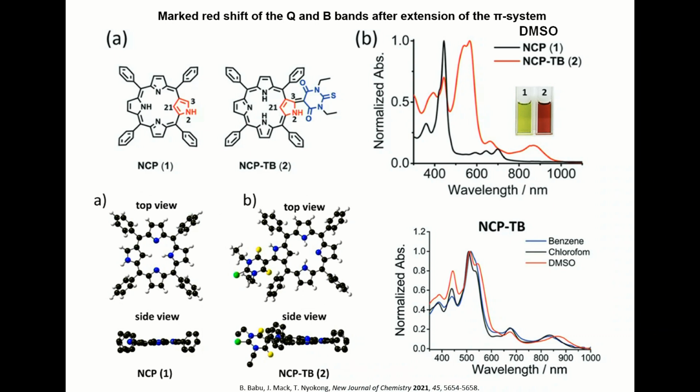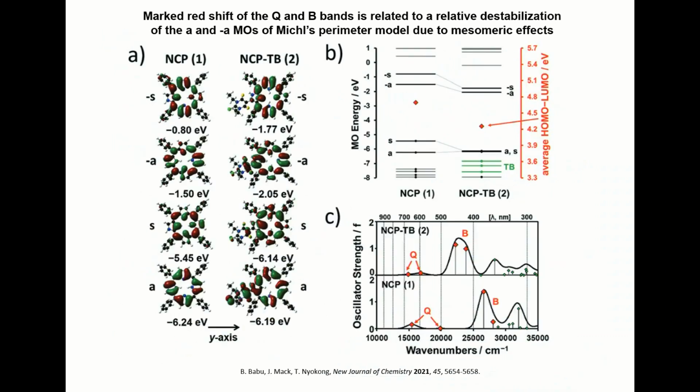So now we're very deep into the phototherapeutic window, and also we have more intensity with this band, which is good from the standpoint of the application. And again, it's all about using the calculations to rationally guide us towards the dyes that will give us the properties that we want.